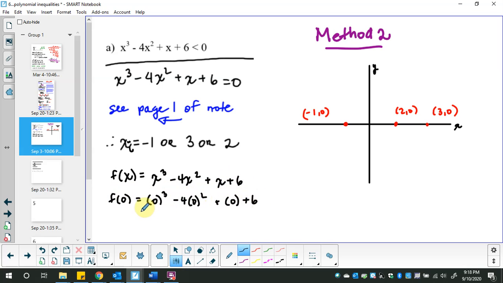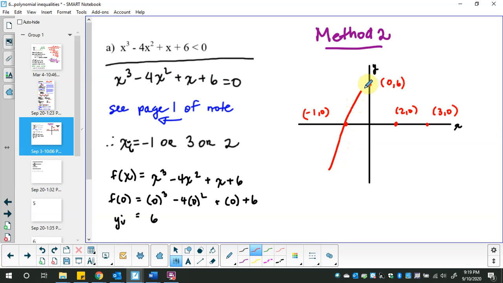So you're substituting, and you end up with 6 as your y-intercept. So I can plunk that on the picture as well. And 6 is not down here, it's up here. And hopefully, because you're a really great grapher right now, you have a positive degree 3, and a positive degree 3 is a forward-shaped N, which totally makes sense with this picture.